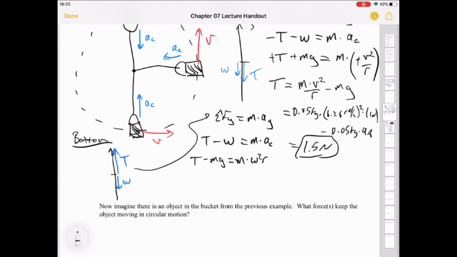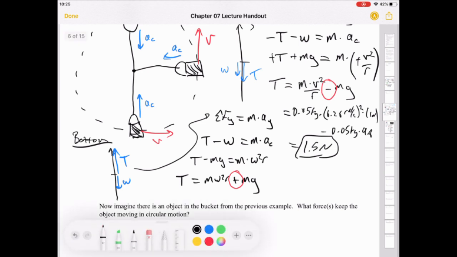Okay, so acceleration is now the opposite direction. It's up instead of down. So two signs changed. Right? And so what's the net effect? Well, we add mg to the other side, and I get T equals m omega squared r plus mg. There's the big difference. Previously, at the top, I had minus mg. Now I have plus mg.